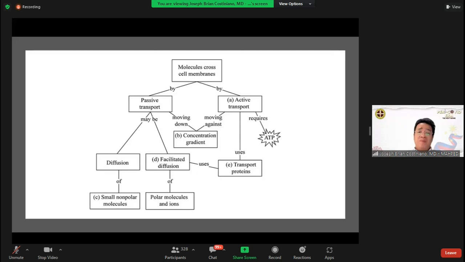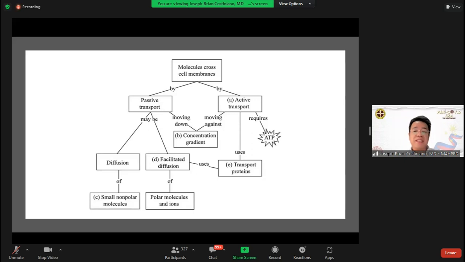So, your cell membrane transport mechanism can either be passive or active. And when you say active, it moves against a concentration gradient, and if passive, it moves down or along a concentration gradient. And from the word itself, active, of course, it requires ATP. And if it's passive, it may be simple diffusion or facilitated diffusion. Simple diffusion is just diffusion of small non-polar molecules.